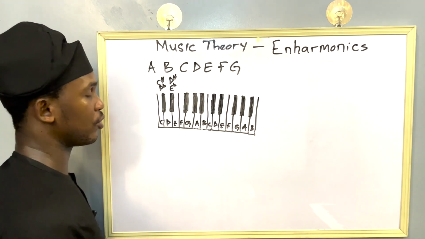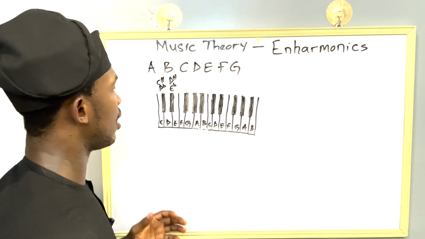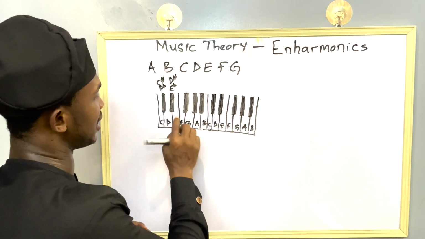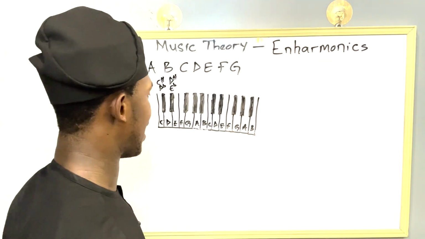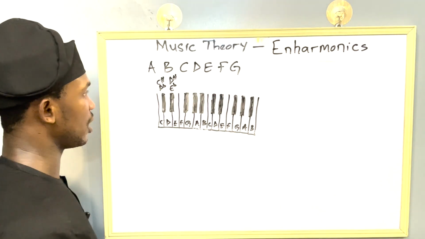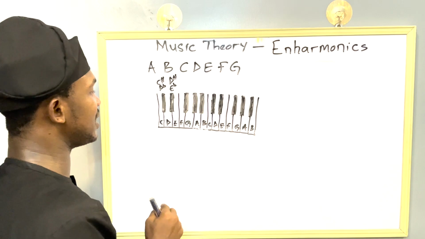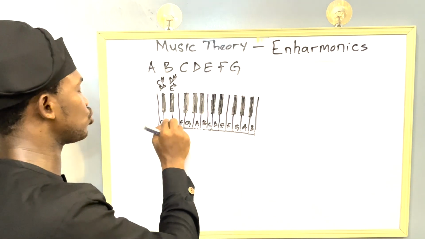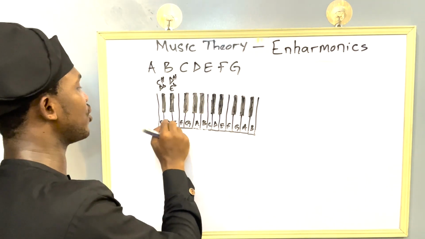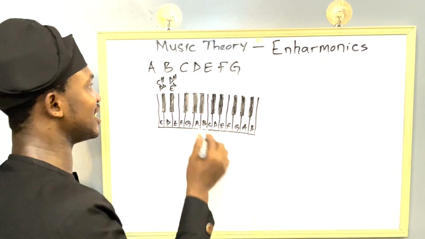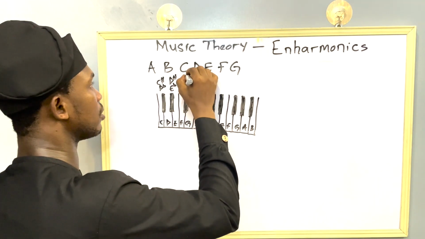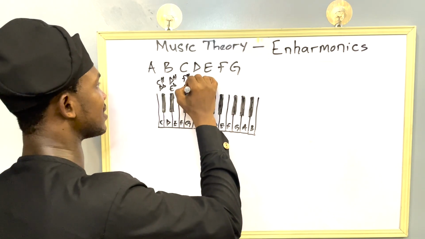On your keyboard, you have 7 white keys and 5 black keys, and then we have them repeated like that. Because these black keys are standing in between two notes, you can name them in relation to either of the two notes. This, if you can guess, is F sharp or G flat.